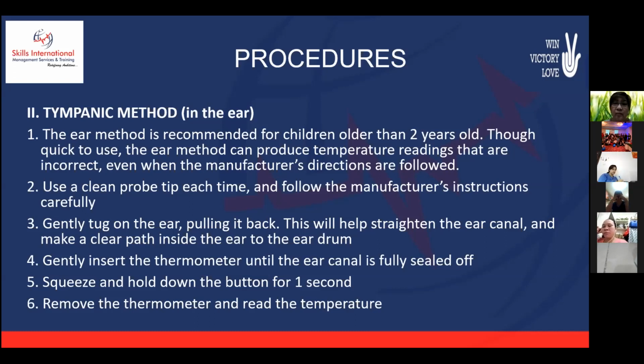So medyo merong hindi maayos na measurement ang makukuha natin. So talagang andun pa rin tayo, babalik tayo sa oral. So use a clean probe tip each time and follow the manufacturer's instructions carefully.